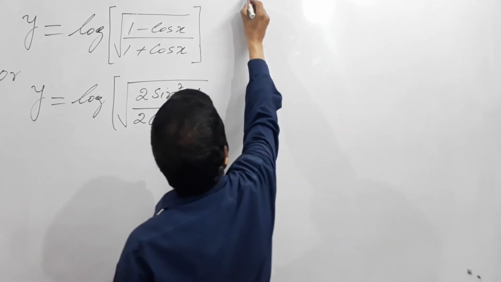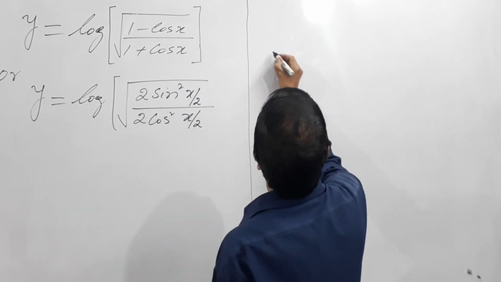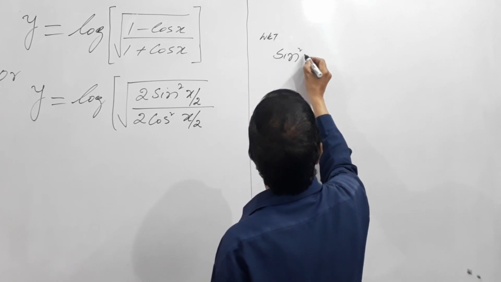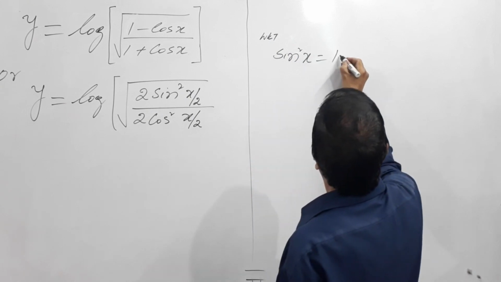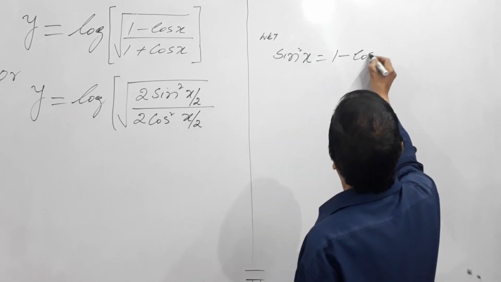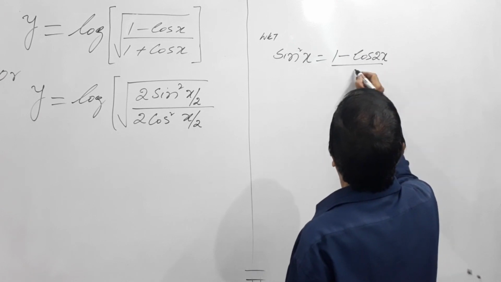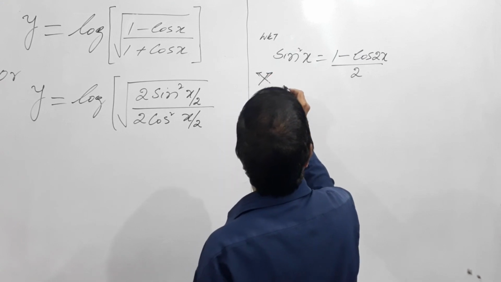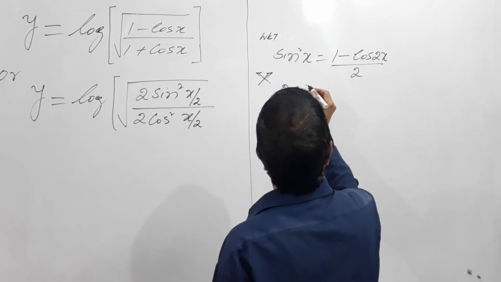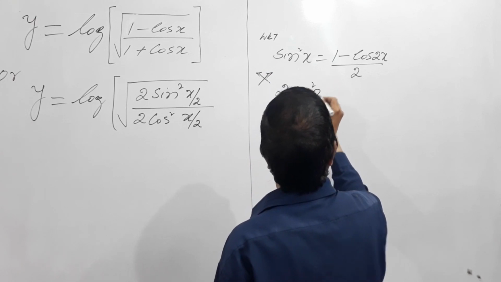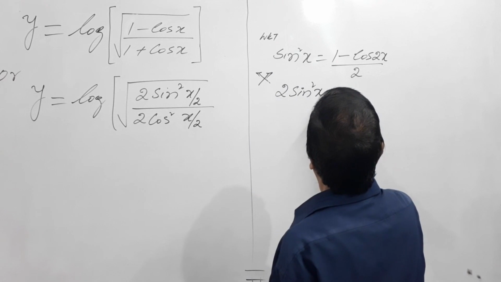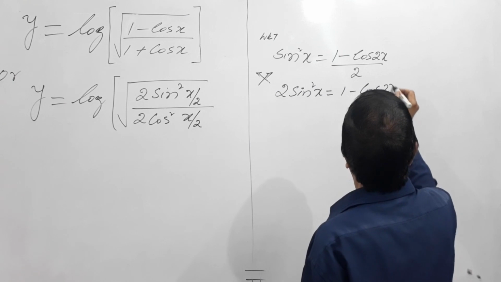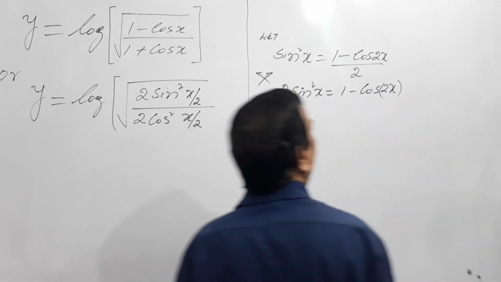In the previous class we know that sin square x equals to 1 minus cos 2x by 2. By cross multiplying it becomes 2 sin square x equals to 1 minus cos 2x. This is a full angle.